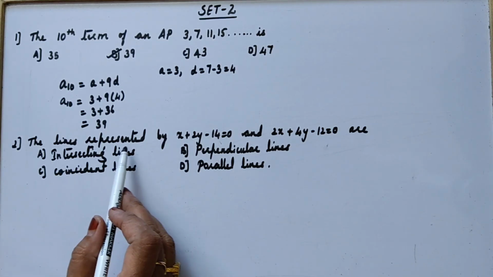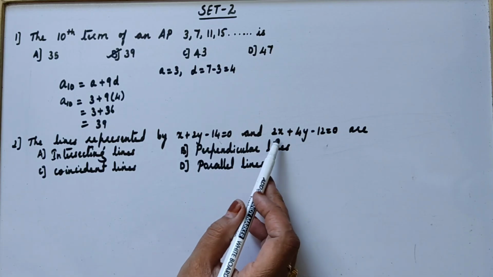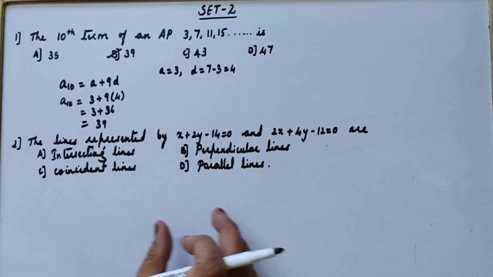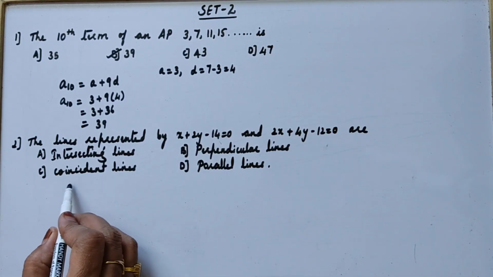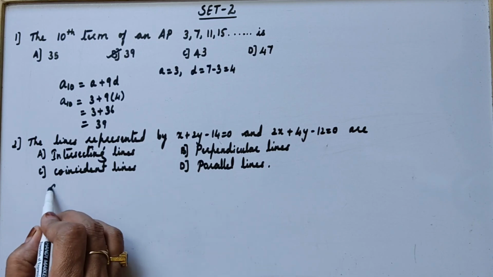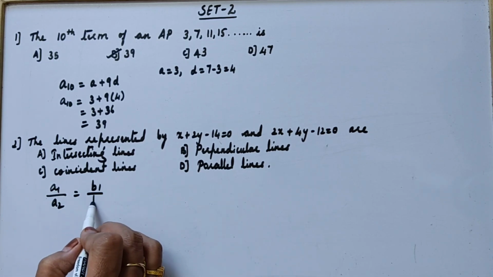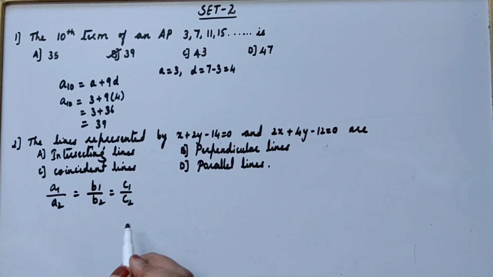The lines represented by x plus 2y minus 14 equals 0 and 2x plus 4y minus 12 equals 0. We need to find out what type of lines these are. Here we have to write a1 upon a2, b1 upon b2, c1 upon c2. Let us check.